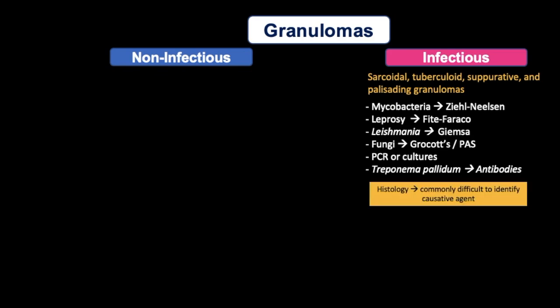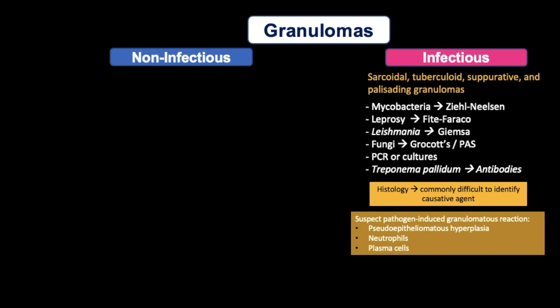Histology alone will not help you identify causative agents because in most of these lesions you will not be able to see the causative agents for the most part. For TB, for example, sometimes you look for an hour under the microscope to identify one or two rods of mycobacteria.